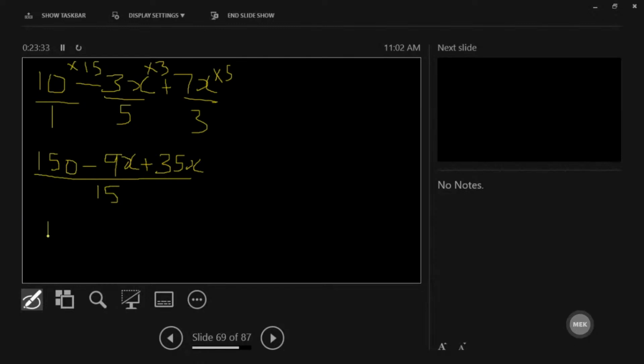So we have 150, negative 9, plus 35. I believe that would be 26x. All over 15. And since there is nothing that can cancel 150, 26, and 15, this is how we leave it.